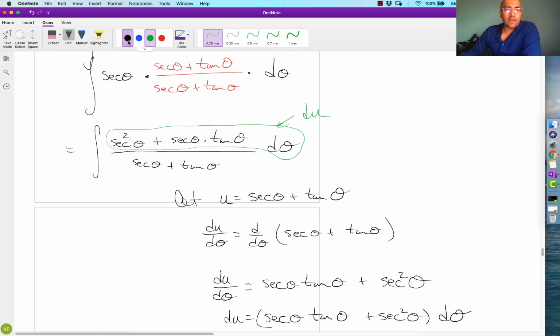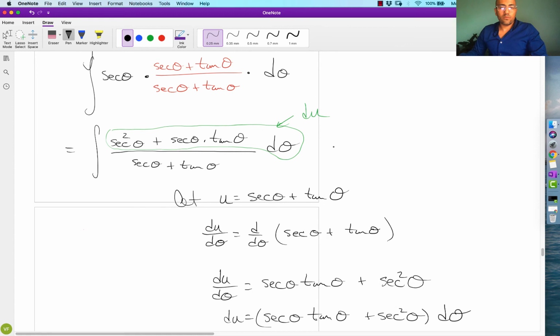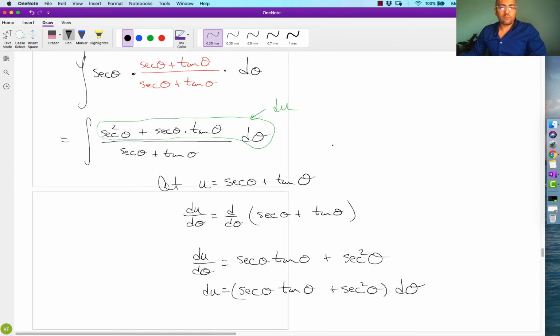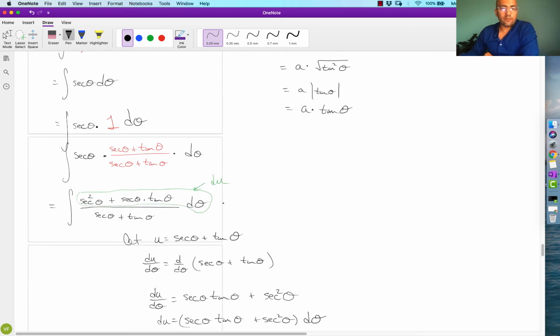Good. So now I'm ready to do my substitution here. Put it up here. So this integral now becomes the integral of 1 over u times du, which then becomes ln of u plus a constant. Good. And the u was this thing.